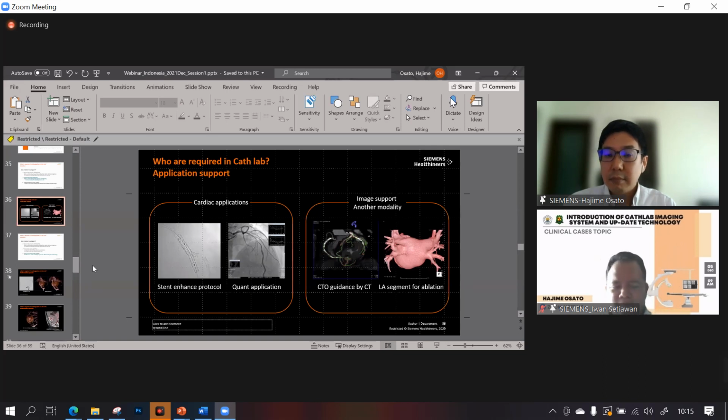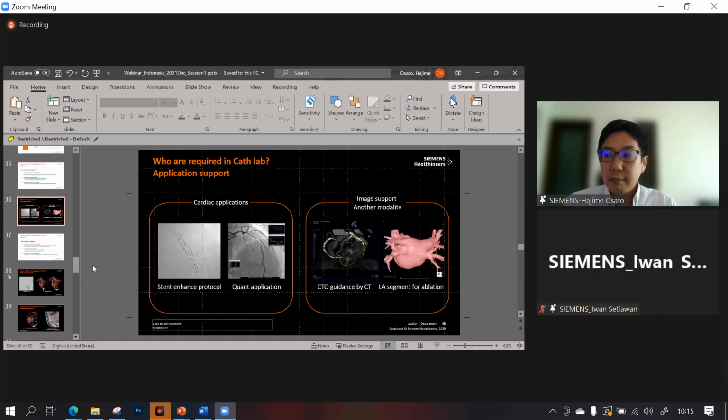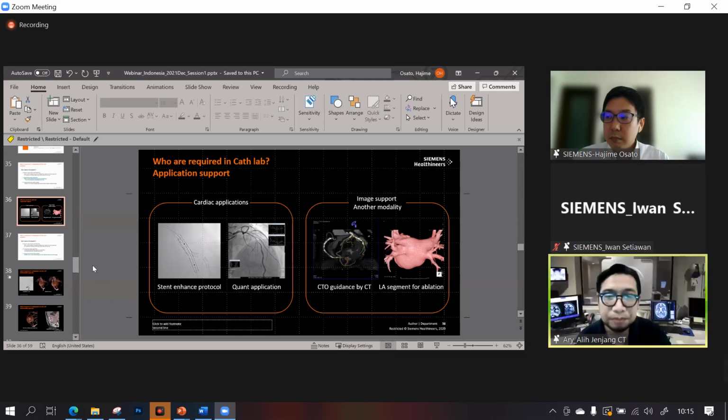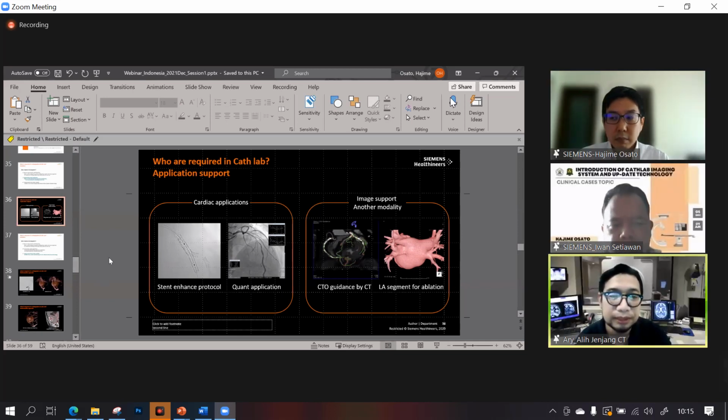I want to hear about education in Japan about interventional angiography or radiography. Is it a new major or part of general radiography education in Japan?